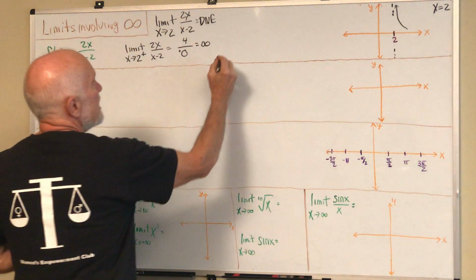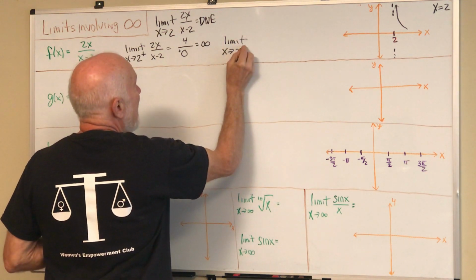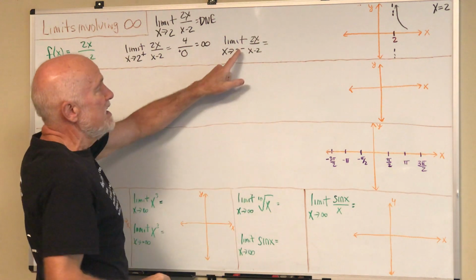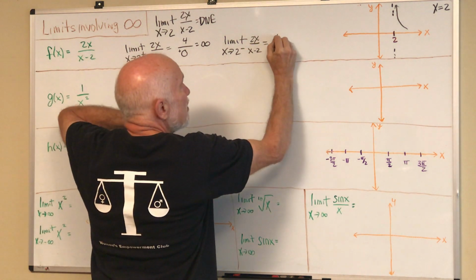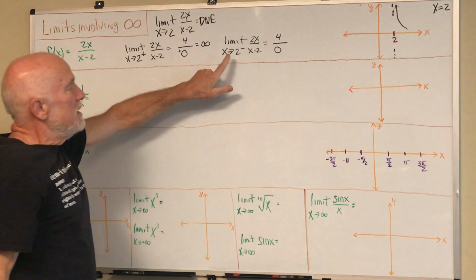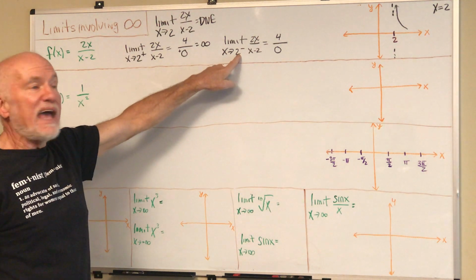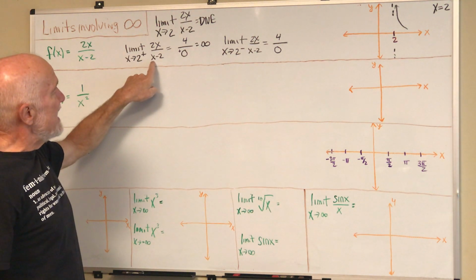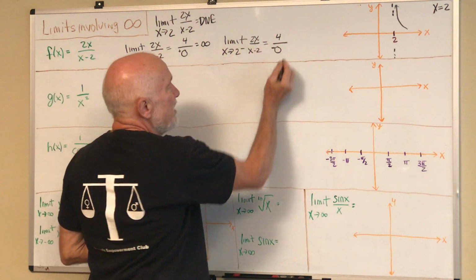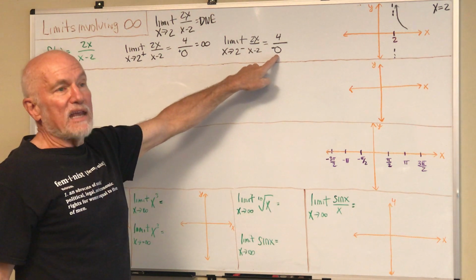And if we took the limit as x approaches 2 from the left, if you use a similar type of notation, the numerator is still going to be getting really close to 4. The denominator is going to get really small. But what's a number to the left of 2? Like 1.99. When you subtract 1.99 minus 2, you're going to get a negative number. So I'm going to make a little symbol here that indicates that's a really small negative number.